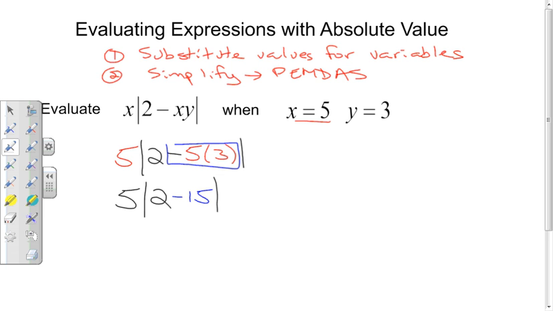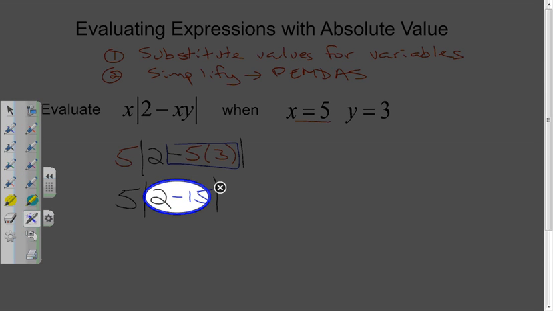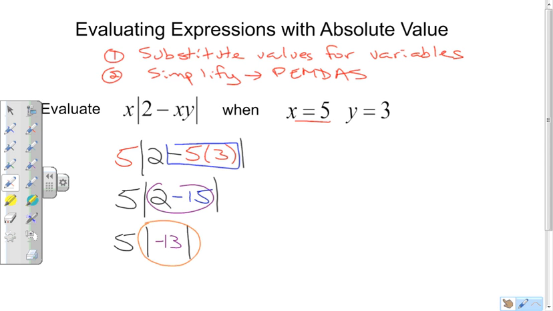Sorry about that, I had to plug in a power source for my computer. So I will continue to work on the inside of the absolute value bars. So I'll do 2 minus 15. That is going to create the next line of 5 times the absolute value of negative 13. And now I need to be able to do the absolute value.